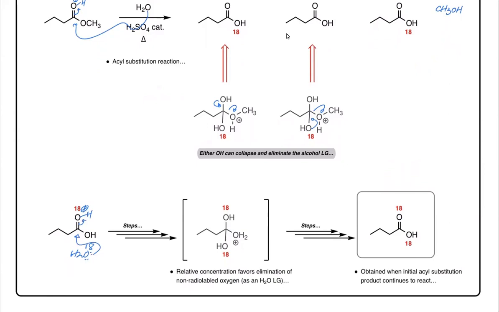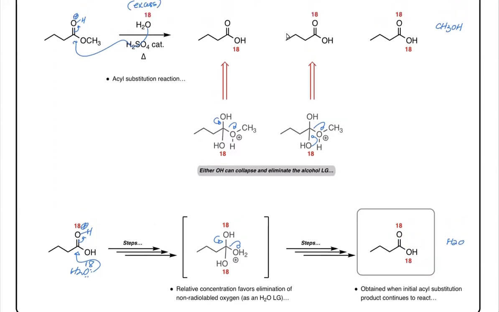Because of the large excess of our radiolabeled water, we're ultimately favoring, in the tetrahedral structure, protonating the oxygen component that is not radiolabeled, and then either of the two radiolabeled OHs can collapse and eliminate your leaving group, which is just the regular water. And that favors ultimately incorporating two O18 oxygens into your final product.